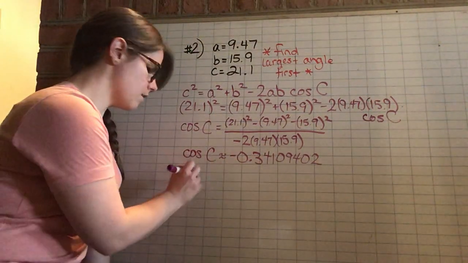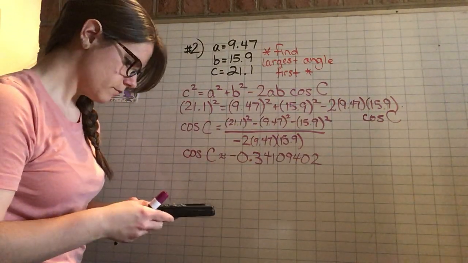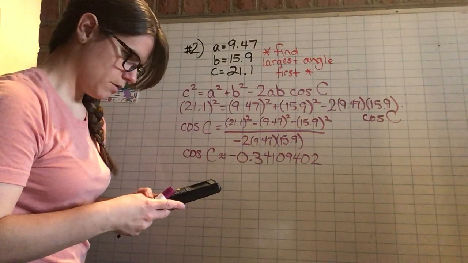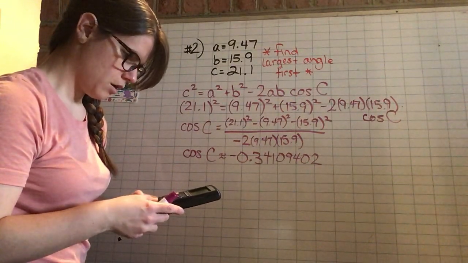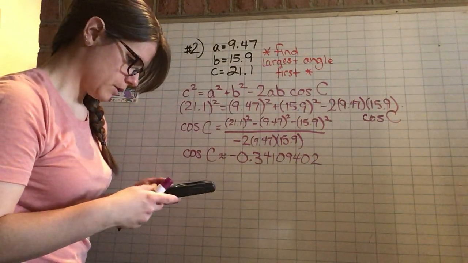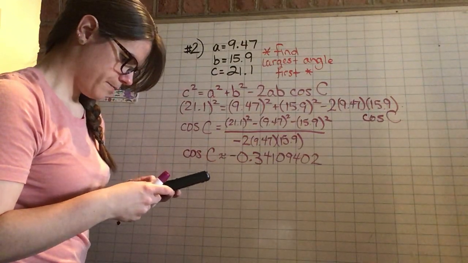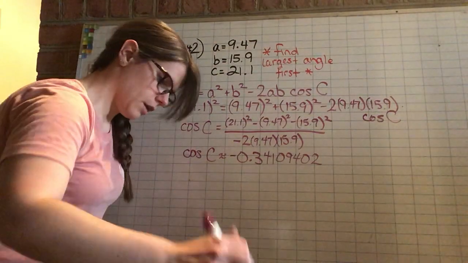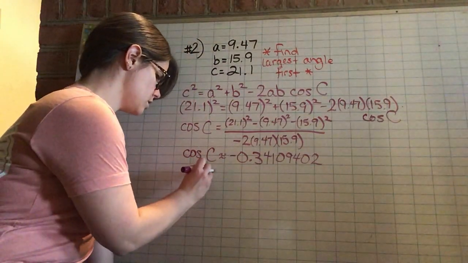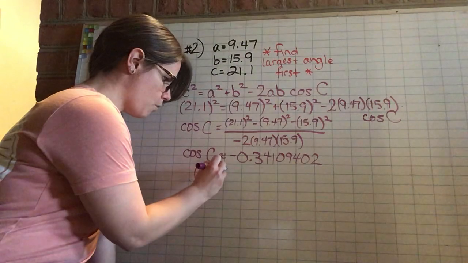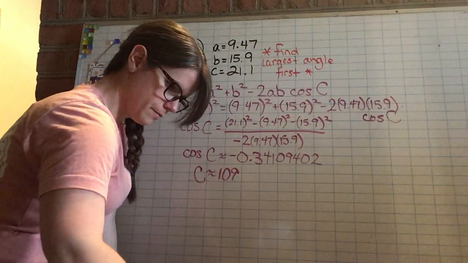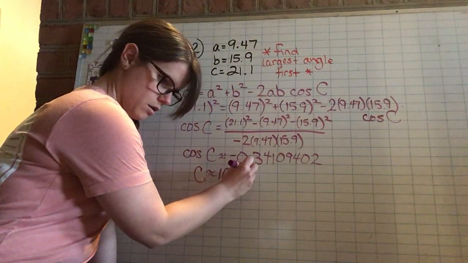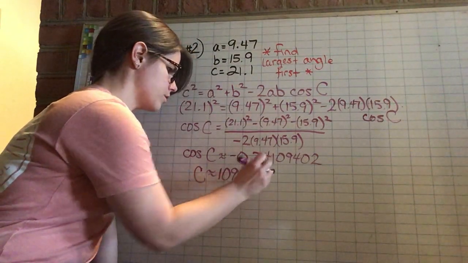And then when I take the inverse cosine of that, I get C equal to 109.944 degrees.